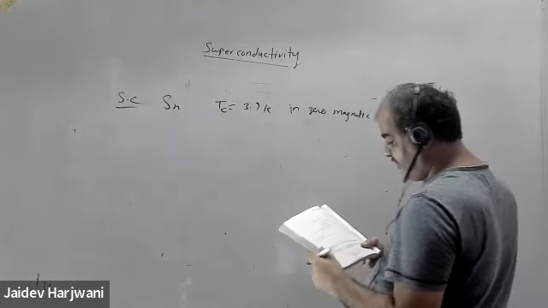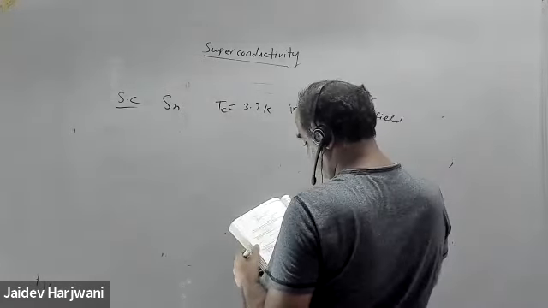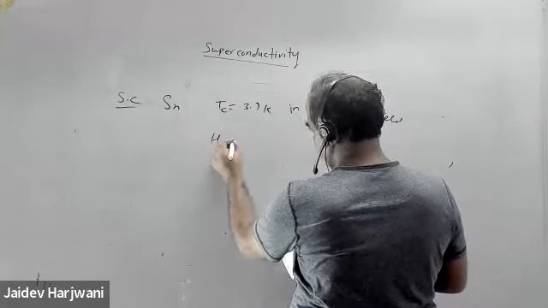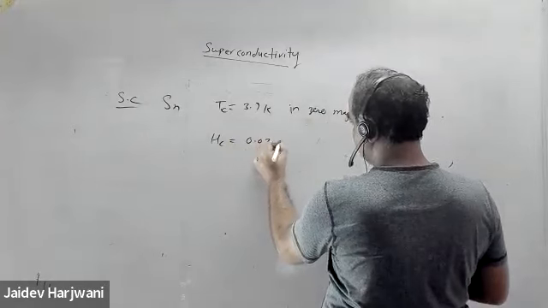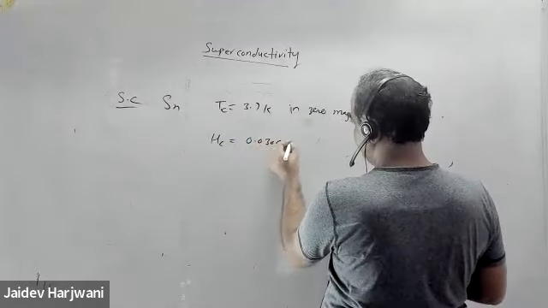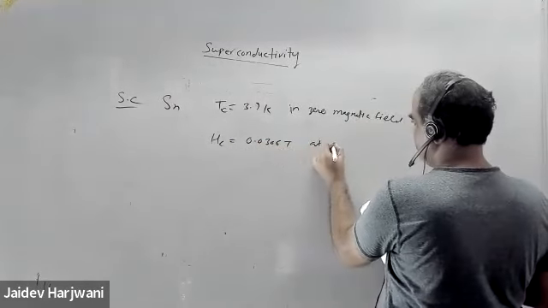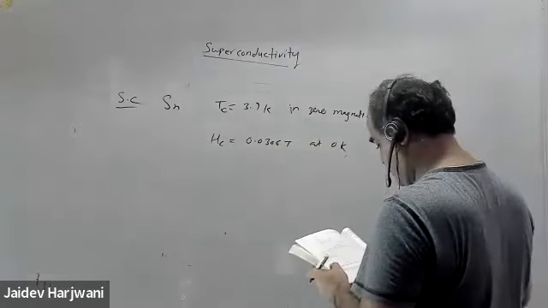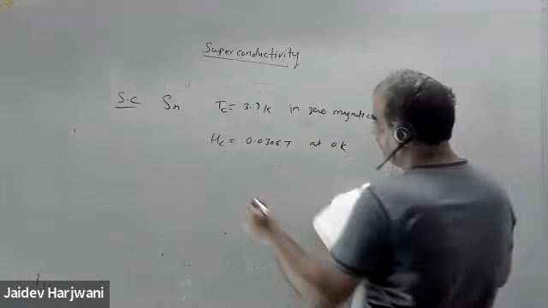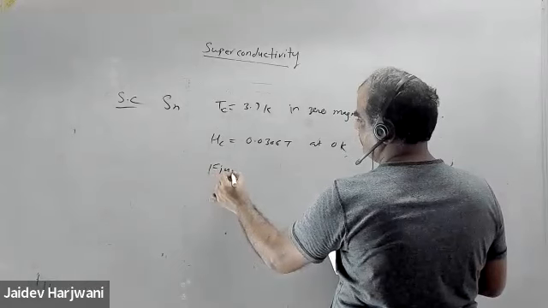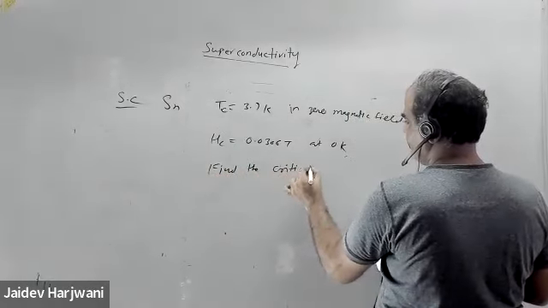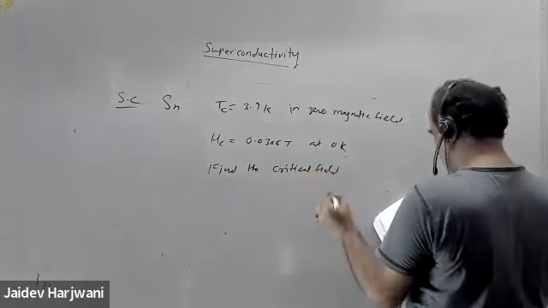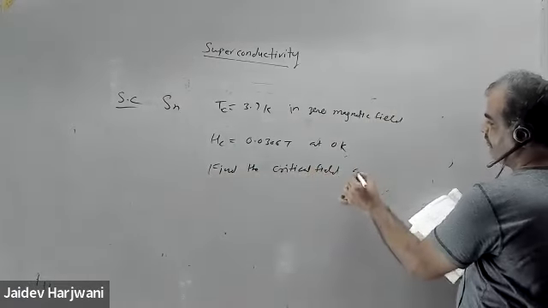And a critical field HC of 0.0306 Tesla at 0 Kelvin. Okay, so बोल रहा है find the critical field at 2 Kelvin.